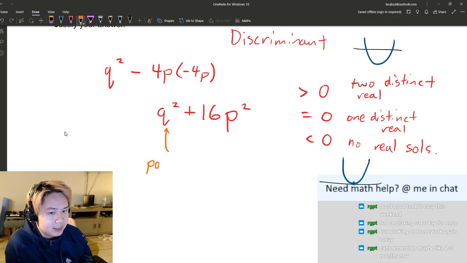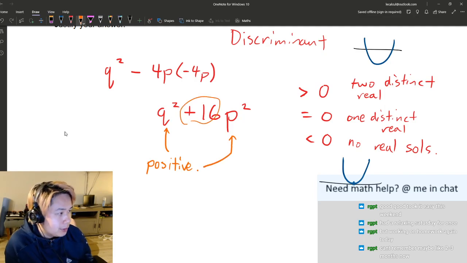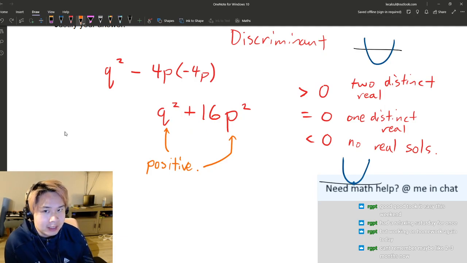This will always be positive. It doesn't matter what p is, it will be positive because you square it. Or q, sorry. Likewise, p, same thing. And because we're also adding, and we're multiplying by 16, that doesn't really do much. But this is always going to be positive, regardless of what p and q are.